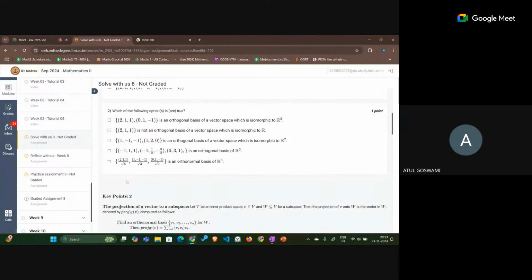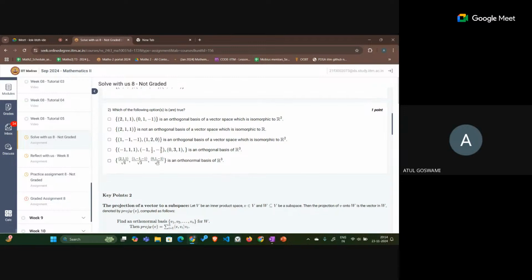First we will check whether every vector has norm 1. The first one is 2, 1, 1 over root 6, so it is 4 plus 1 plus 1 equals 6, yes, it has norm one. The second is also, the third one is also, so it has norm 1. We just have to check whether they are perpendicular. So we'll take the dot product between the first two. What will be the dot product?